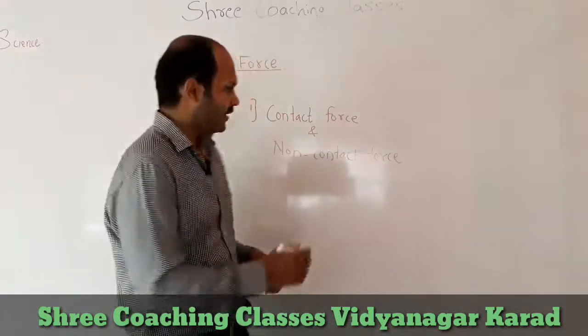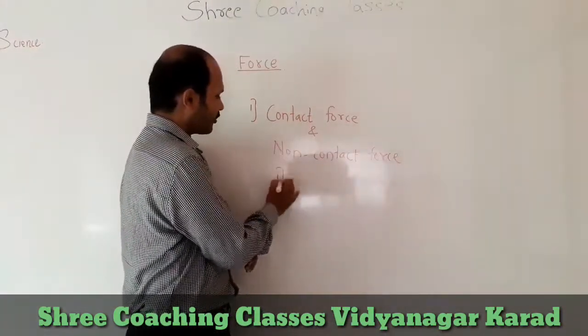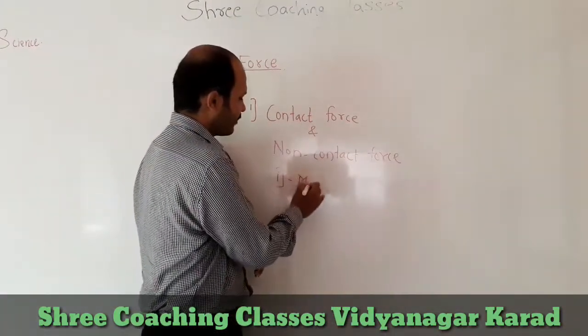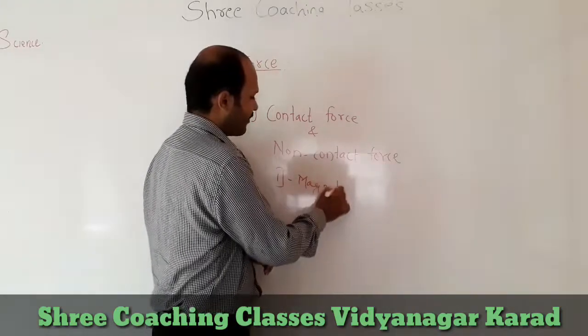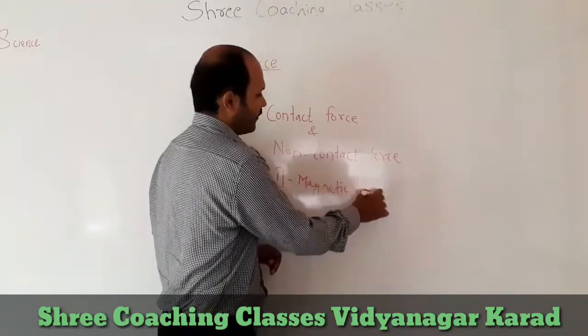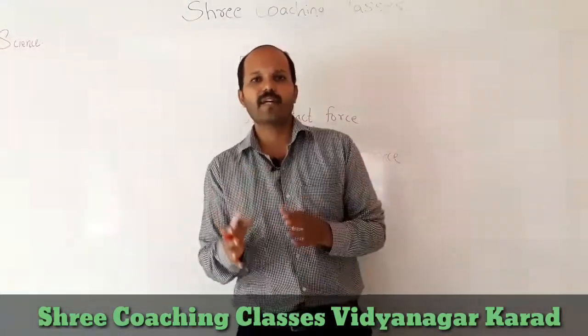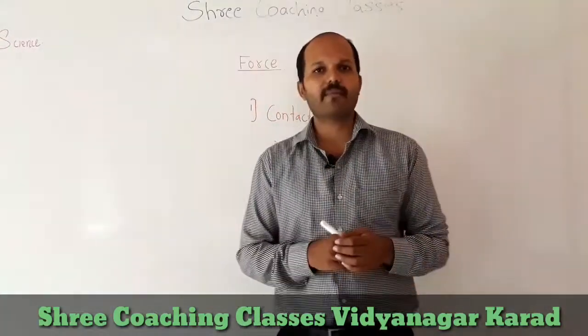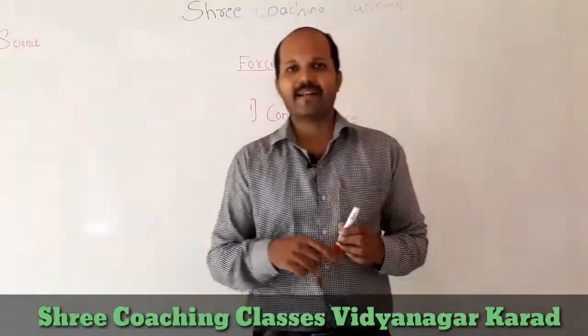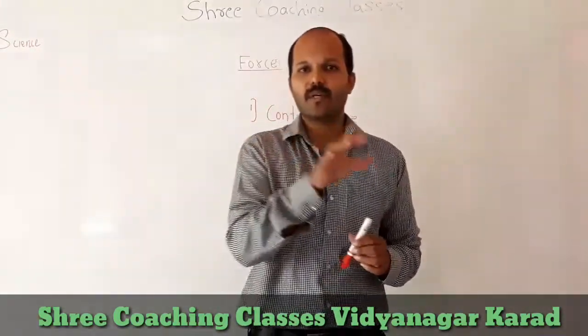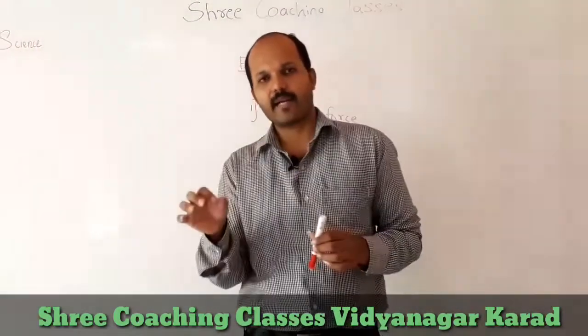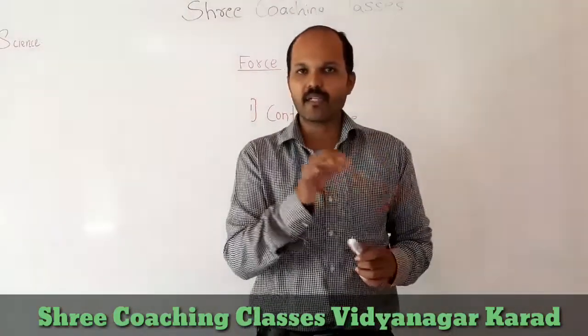The first example of non-contact force is magnetic force. Now, we all know about the magnet. What are the properties of a magnet? A magnet attracts iron material towards itself.